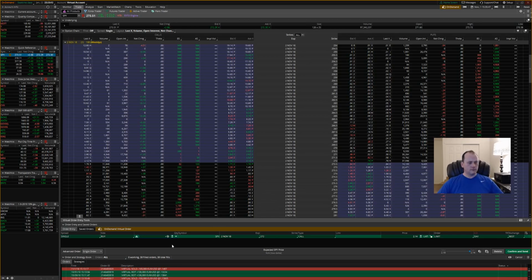So this technically right here, if we kept it at 10, is actually controlling 1,000 shares. That's a lot of leverage. Now it's nice when your trade goes in your favor. It's not so nice when you make a bad trade. So we'll just keep right here. So 10 contracts controls 1,000 shares.